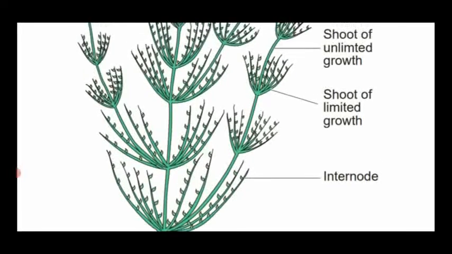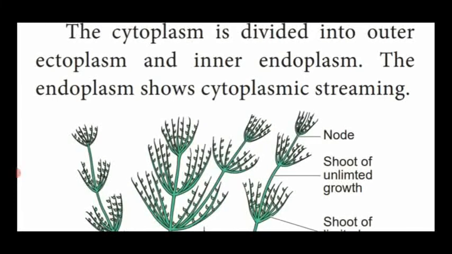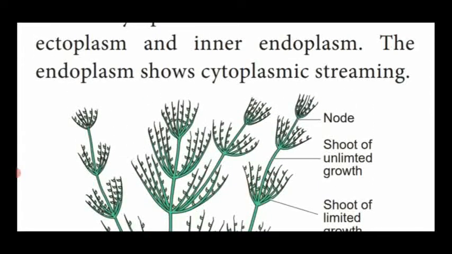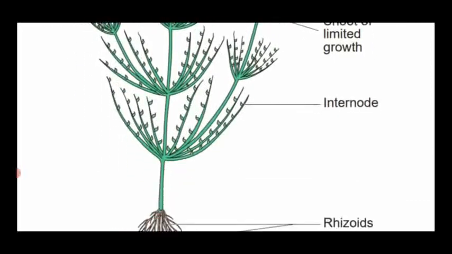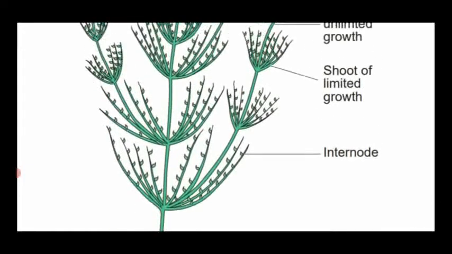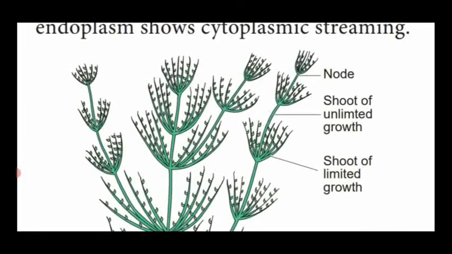Then the nodal region shows three types of appendages: one is the shoot of limited growth, another is the shoot of unlimited growth. So this is the thallus structure of Chara and its habitat structure.